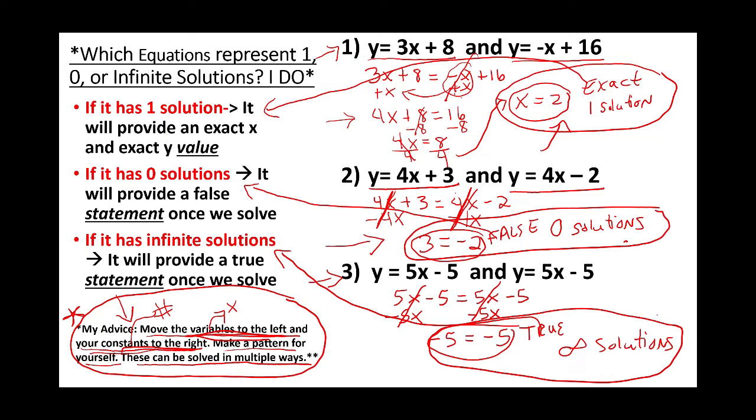If you are still completely lost, I suggest doing these 3 problems over again because this slide has an example of each: an exact solution, zero solution, or infinite. But we're also doing some more practice problems.